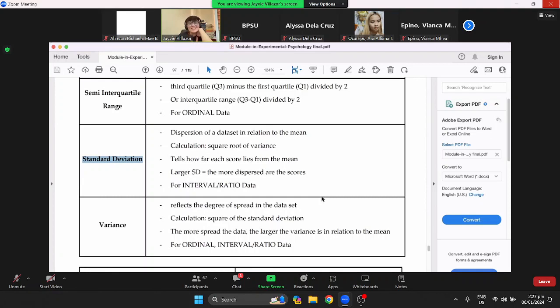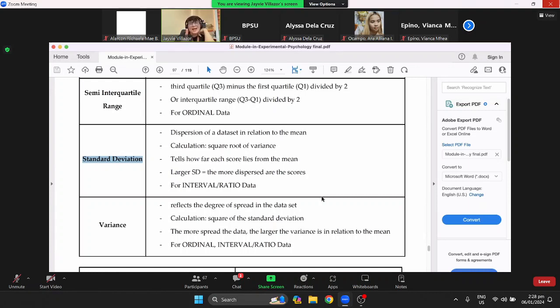Nangyayari sa akin yan, yung katabi ko nung elementary ako. So what happened is that yung katabi ko, almost same lang kami ng average. Ang average ko ng grade 6 around 87. Siya, 87 din. So, ibig sabihin ba nun, yung mga grades namin sa lahat ng subject the same? No. Hindi.